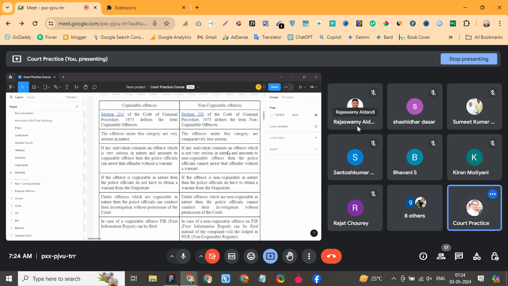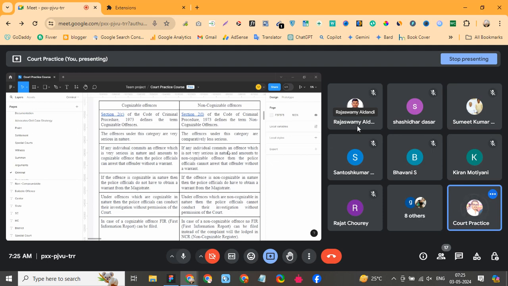So remember, if any FIR is registered as a complaint in written form or oral form, that particular crime or offense is cognizable in nature.